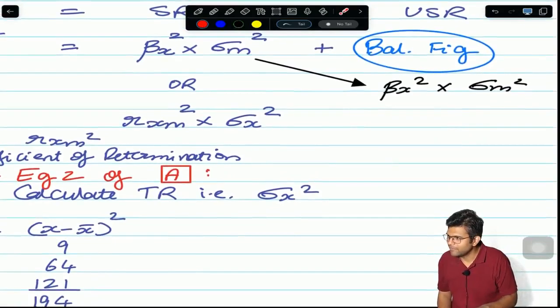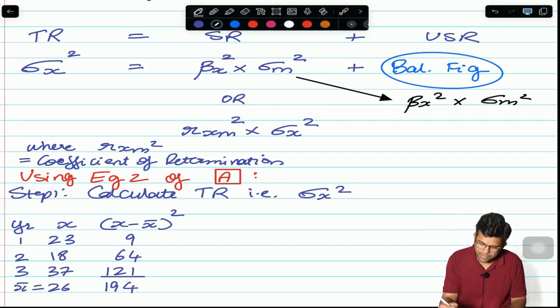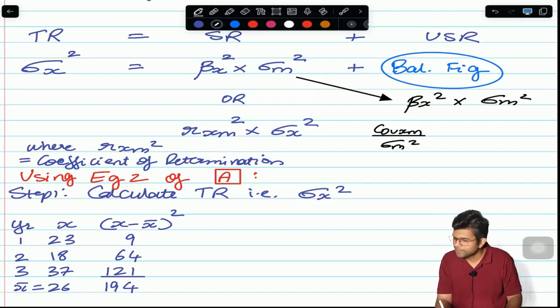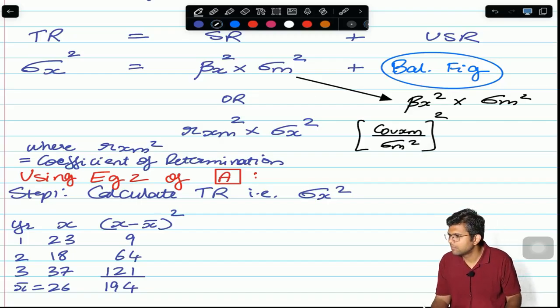Come here. Ready everybody? So beta x square into sigma m square. Everyone ready? Now what is beta? Students, tell me what is beta. Beta, can I say, is covariance xm upon sigma m square. Everybody clear? Do you understand the whole square? I forgot that whole square actually. I was thinking what went wrong.